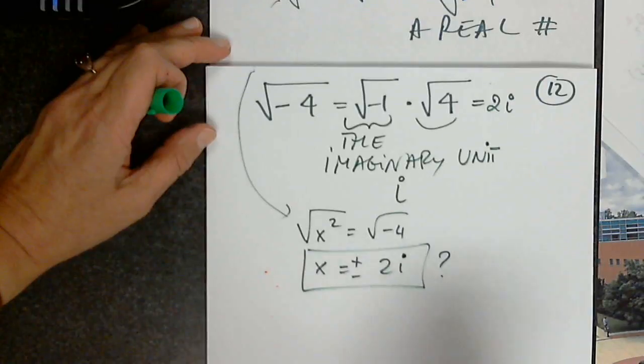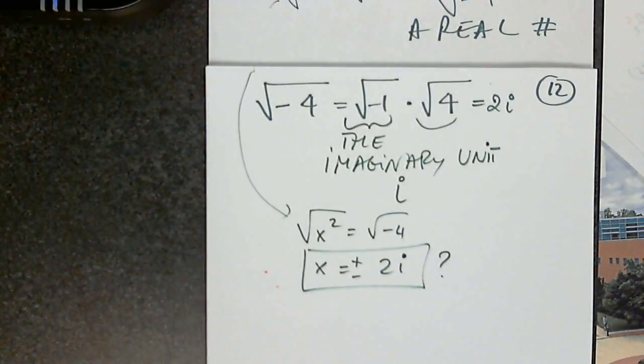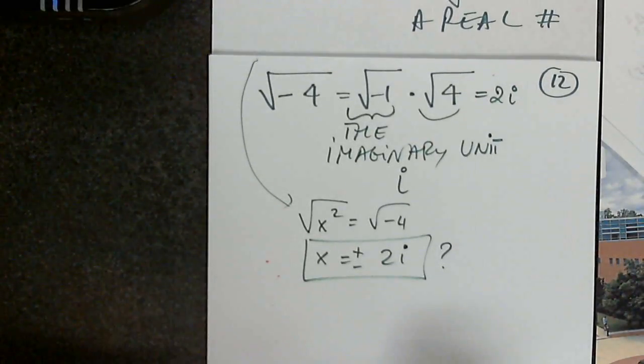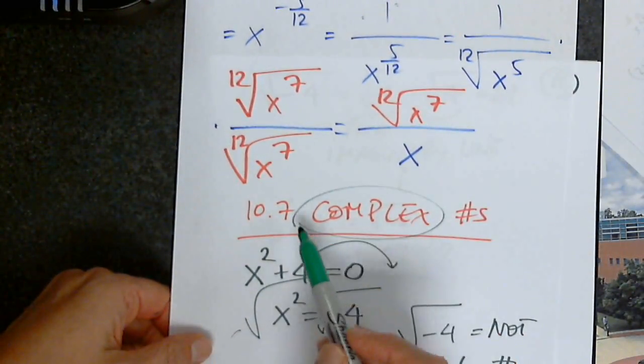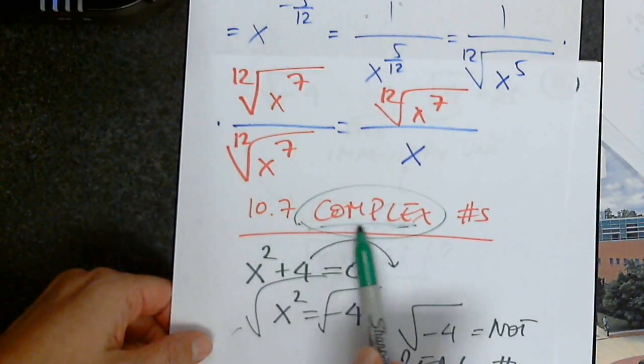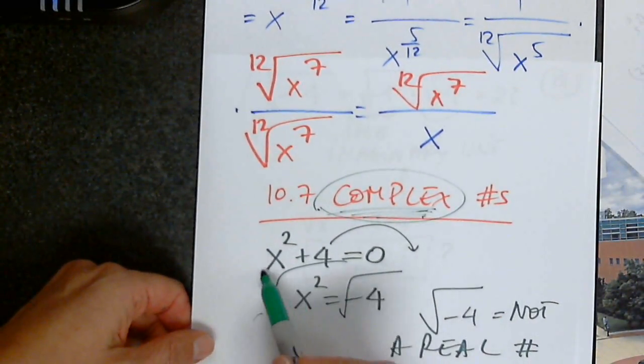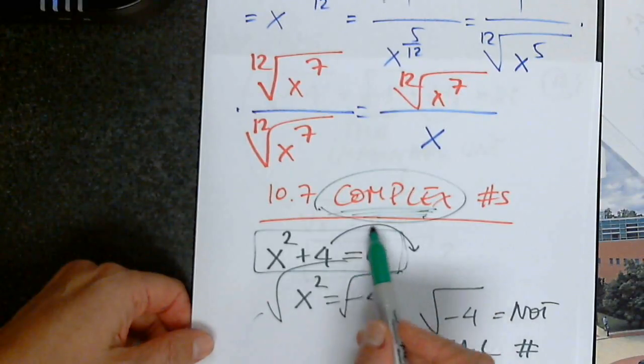Yes, I cannot graph it on the Cartesian system, but there are other systems in which we can graph it. So that's the reason why very smart people invented complex numbers, because we could not solve this equation using real numbers.